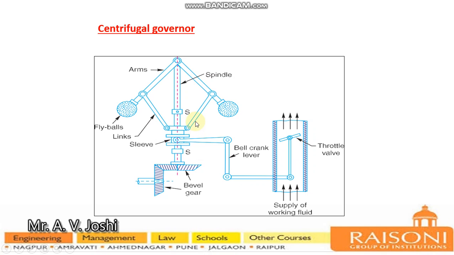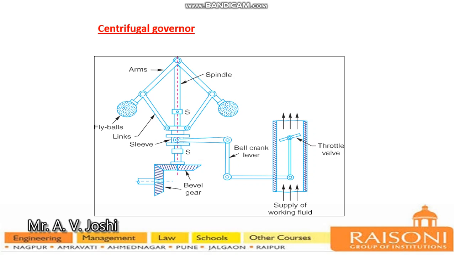The sleeve is connected by a bell crank lever to a throttle valve. The supply of working fluid decreases when the sleeve rises and increases when it falls.